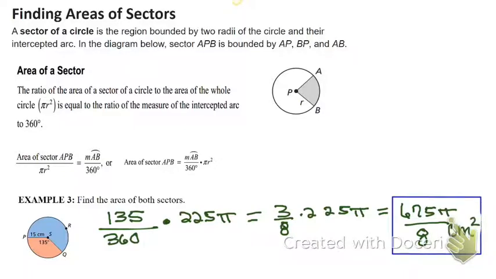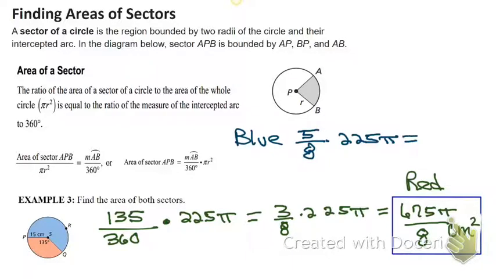So now if we want to find the area of the blue sector, we saw that the 135-degree angle was 3/8 of the circle, so what's remaining is going to be 5/8 because together they make up the entire circle. So if we want to find the area of the blue, we can just go ahead and take the reduced fraction of 5/8 and multiply that times the area of the circle.